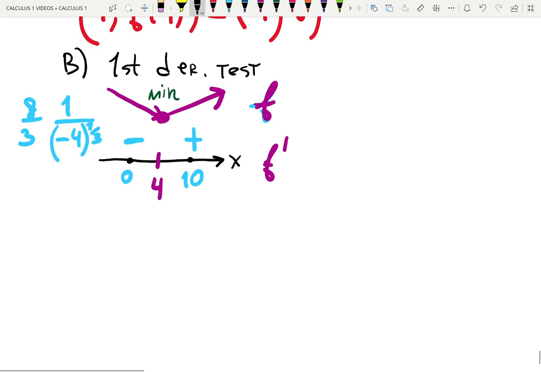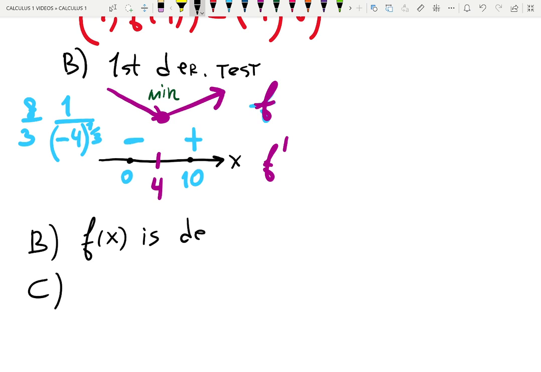So for B and C, I will answer. For B, the function is decreasing. Original function f of x is decreasing on, oh, B asks about increasing. Fine, let's do increasing. I like to go from left to right. I guess that's more intuitive, more natural for me.